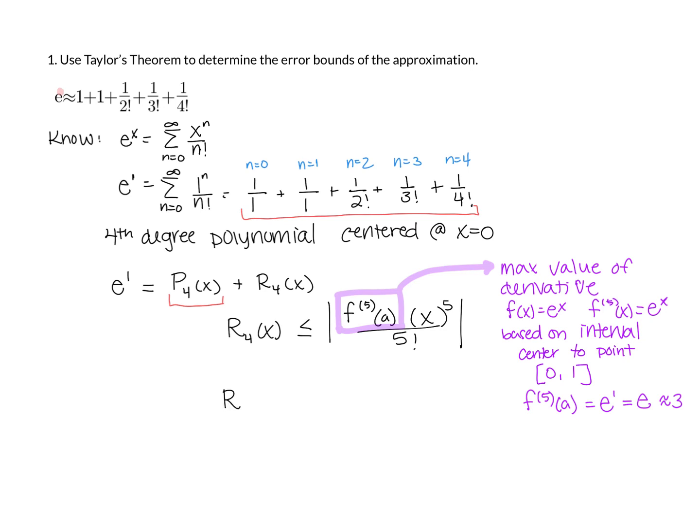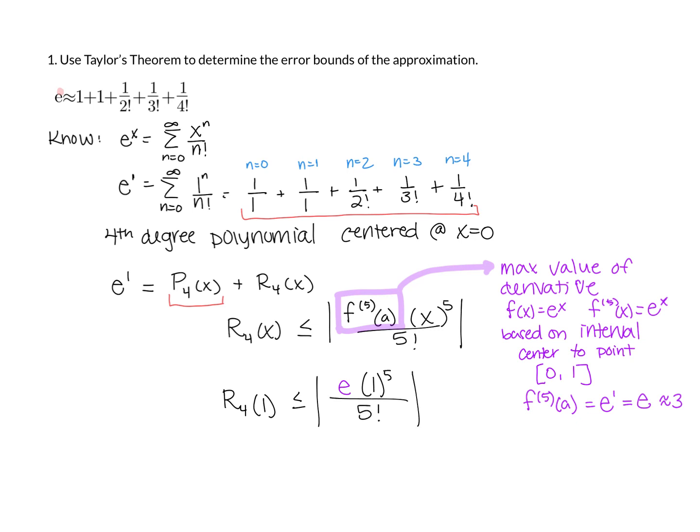So what we're going to fill in is we're finding the remainder at the point, which is 1. It's going to be the absolute value of that max derivative, which we can call e or 3, and then this will be x to the 5th, but we know what x is, it'd be 1 to the 5th over 5 factorial, all in absolute value.